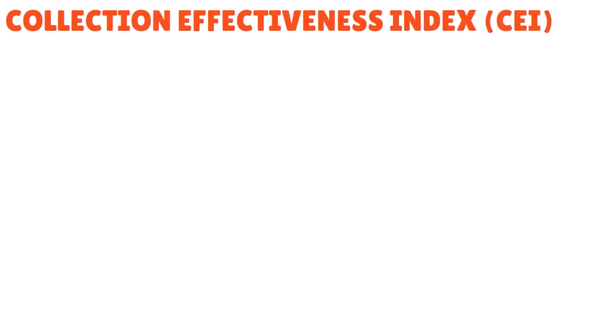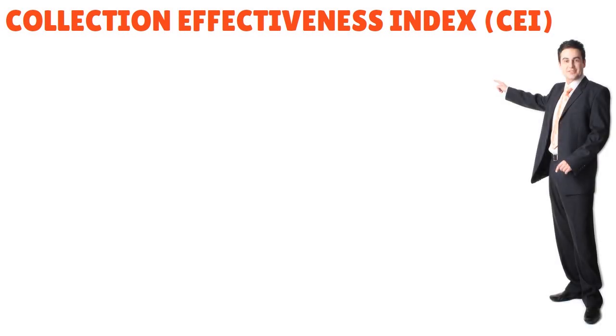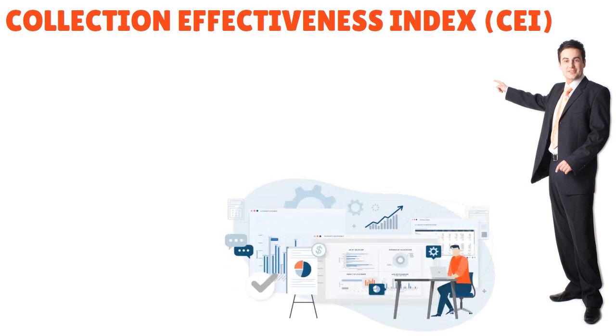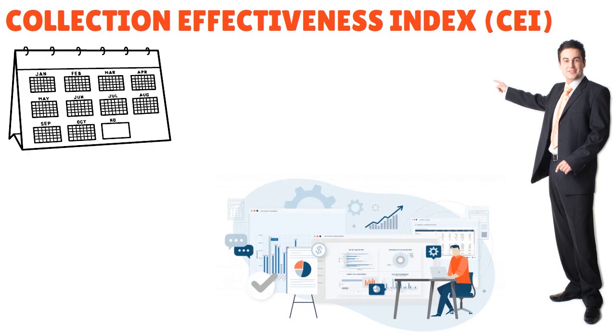I want to share with you another accounts receivable KPI, and this is called CEI, the Collection Effectiveness Index. Here you are going a little further, because ART indicates how often accounts receivable turn over. The Collection Effectiveness Index shows how well your team collects payment, and it is usually measured over one year.